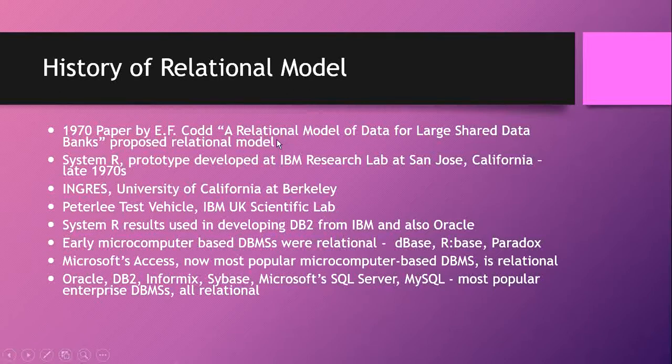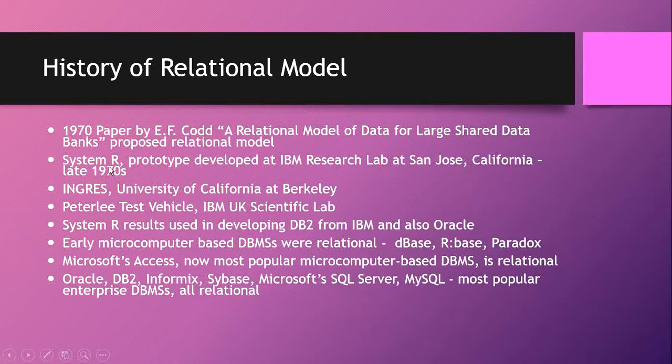There was a lot of research on this model, but the most significant research was done by three different organizations. First, we have System R. It was a prototype developed at the IBM Research Lab at San Jose, California in the late 1970s.